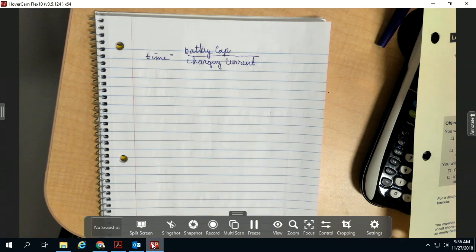Okay, the more clerks there are, the shorter the time will be. The more people there are in line, the longer the time will be. So in this case, the time will be bigger if your battery has a bigger capacity. Time will be bigger if the charging current is smaller, or like somebody said, if you have the slow charging cable hooked up.